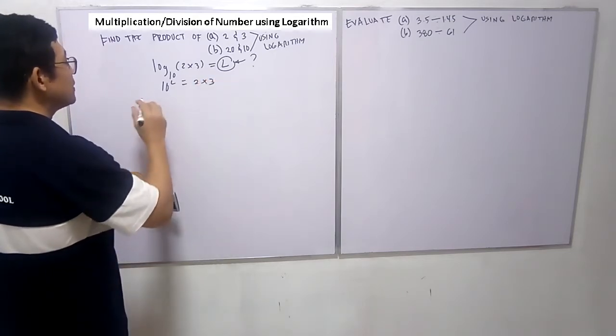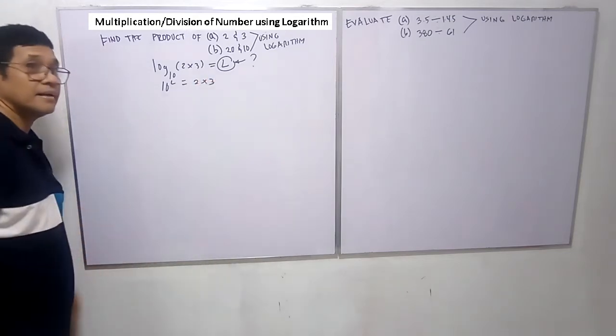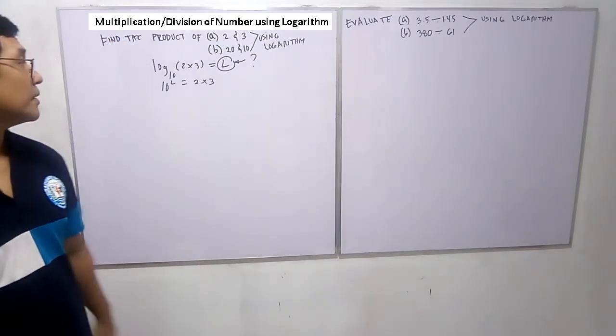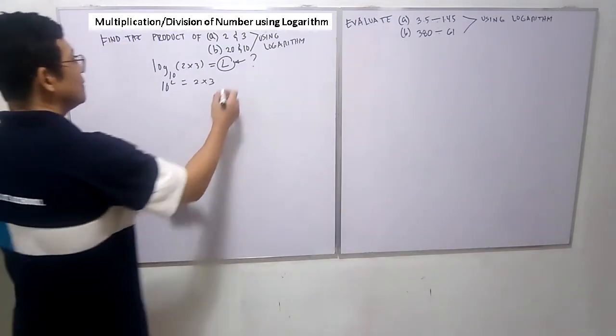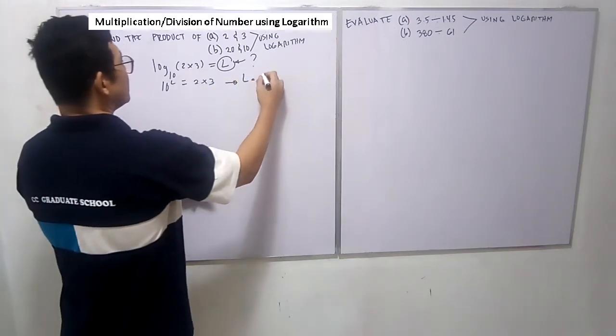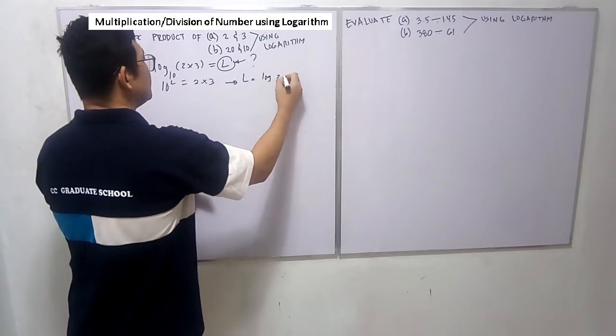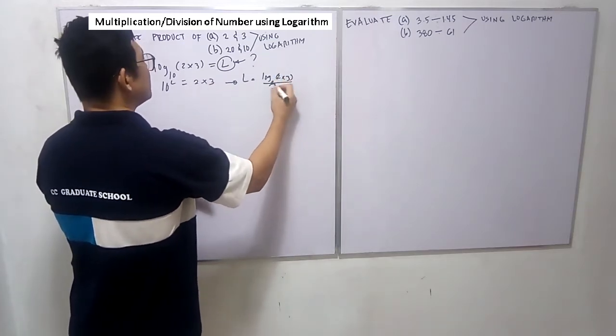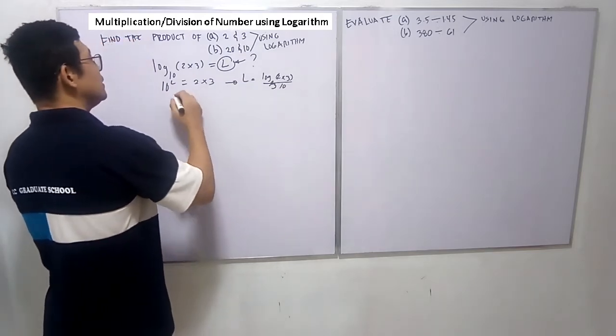Ang mangyayari po rito ay a-apply lang natin ang common logarithm o yung tinatawag na natural logarithm. So, L equals to log of 2 times 3 over log of 10.